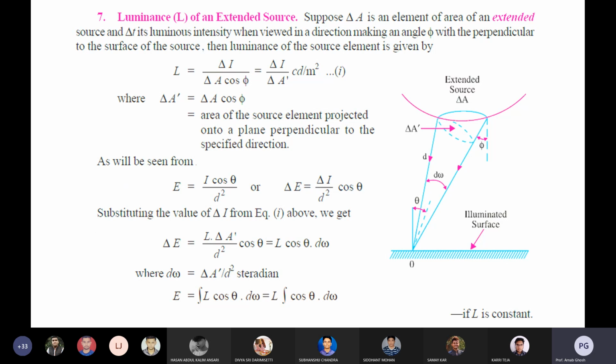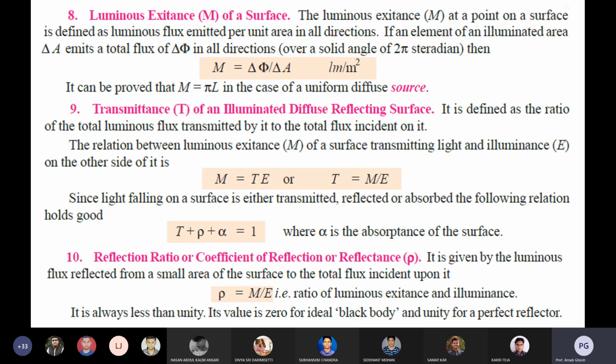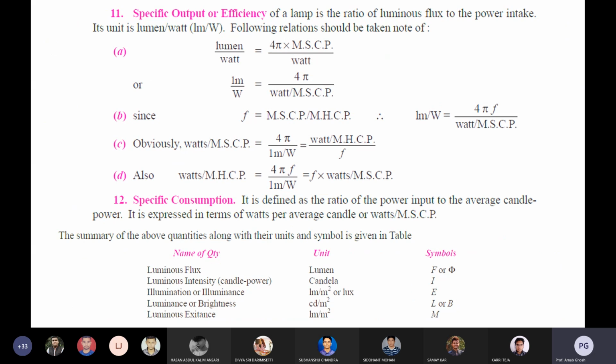Both we have discussed. Then luminous excitance, transmittance, then reflection ratio or coefficient of reflection, or reflectance. Everything we have discussed.